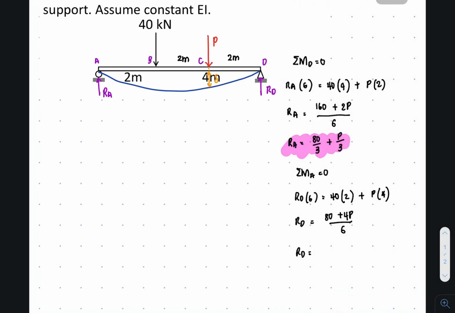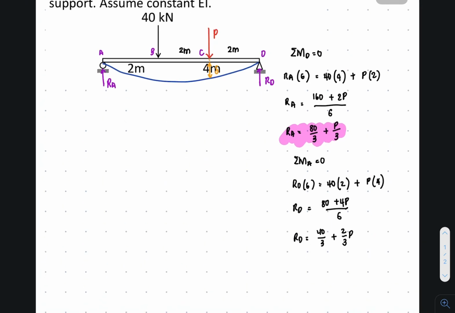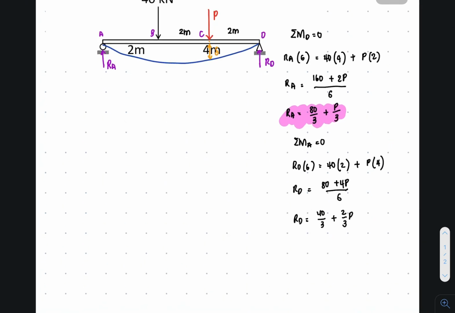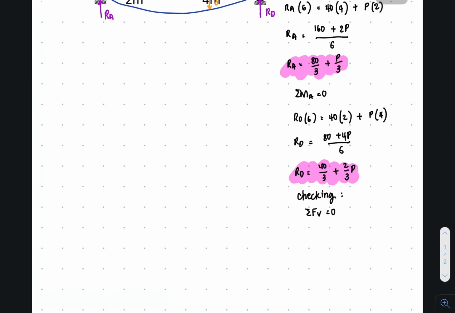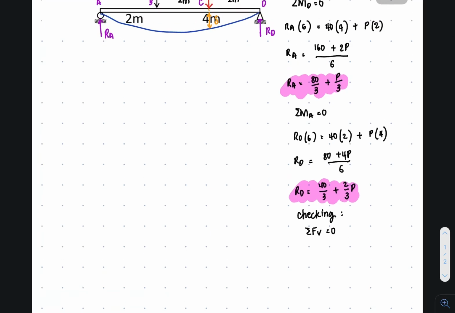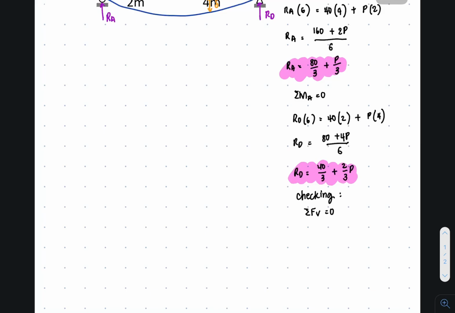We have 40 over 3 and 2/3 of P. So if we try to check whether our reactions are correct, then we can have the checking summation of forces vertical, just in case you're not really sure. Having the reactions not correct will really not give you the correct values of your deflection and slope. So you just have to make sure that all your reactions are correct.